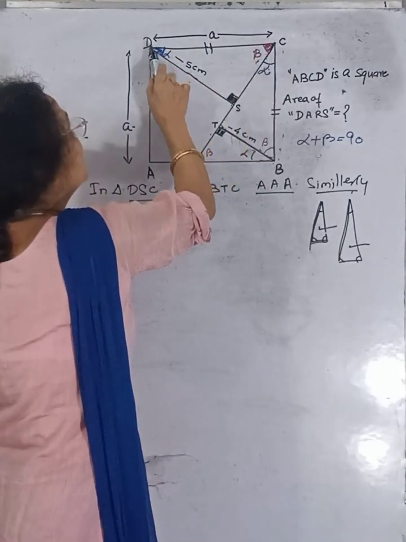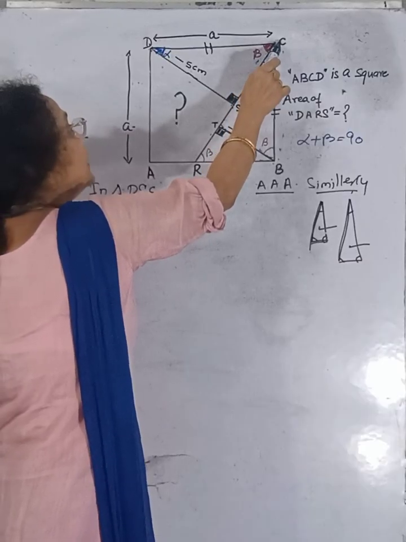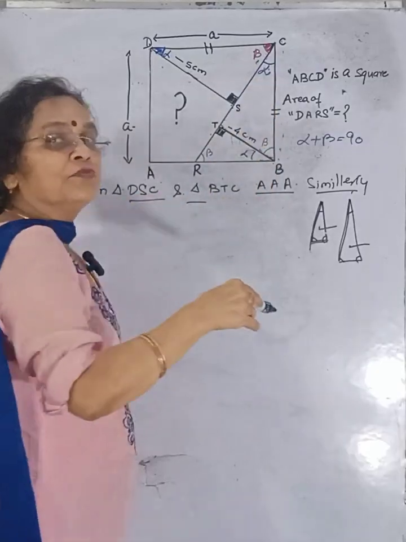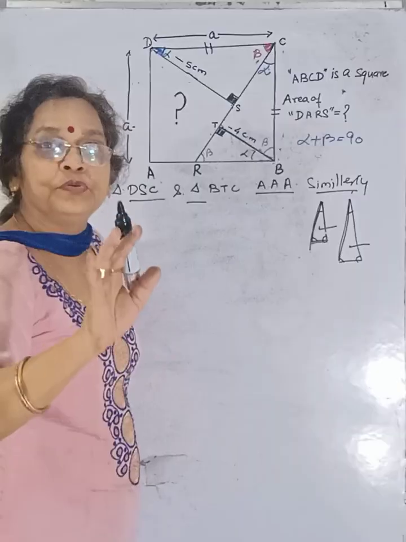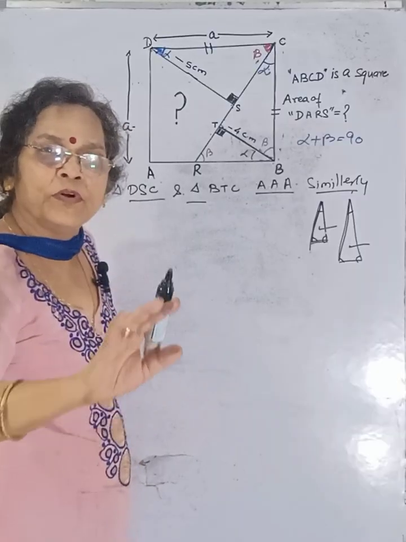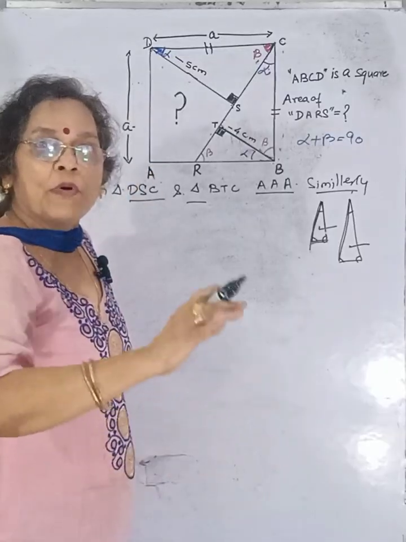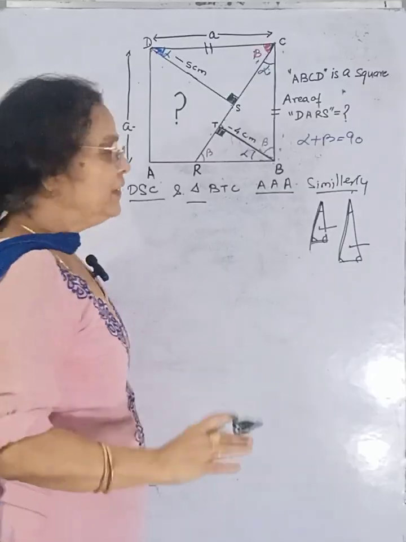The hypotenuse of triangle DSC is equal to the hypotenuse of triangle CTB, because they are parts of the square, so these two triangles will be totally equal to each other. Their perpendiculars are equal, their bases are equal, their angles are equal, and their hypotenuses are equal.